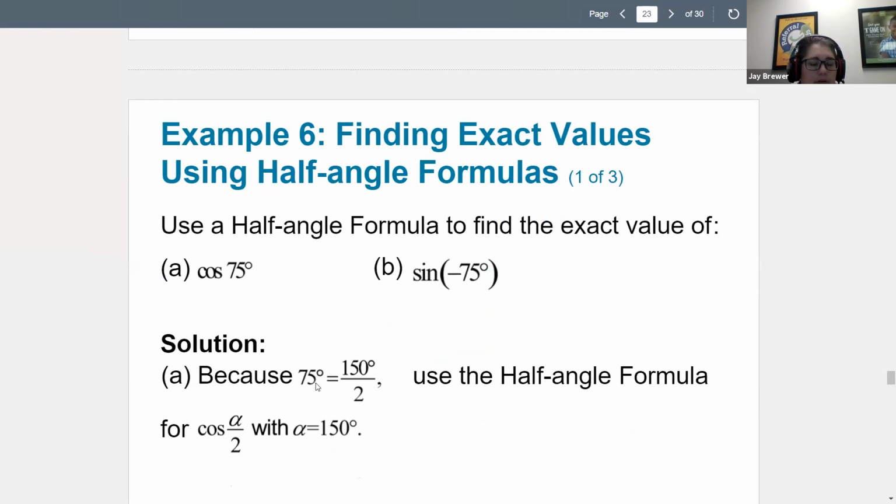What you first have to realize is that because 75 degrees, you're not going to want to cut 75 degrees in half. So you kind of have to work a little bit backwards to go forwards. You're actually going to realize that your alpha is 150 degrees. So then when you worry about your sines, you are going to look at 75 degrees.